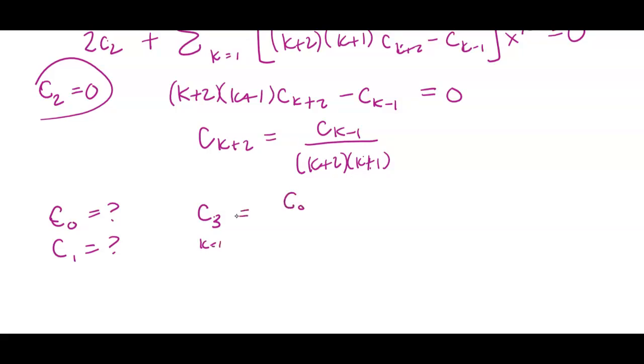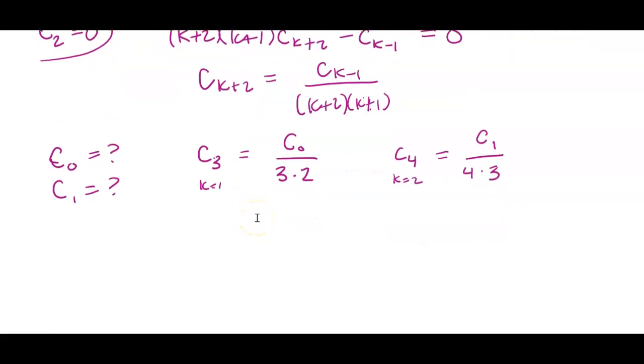Would be C0 over 3 times 2. Well, I don't know what C0 is, so that's all I can find. All right, C4. So that would be that k equals 2. Well, that's going to be C1 over 4 times 3. And I don't know what C1 is, so I'm just going to have to leave that.